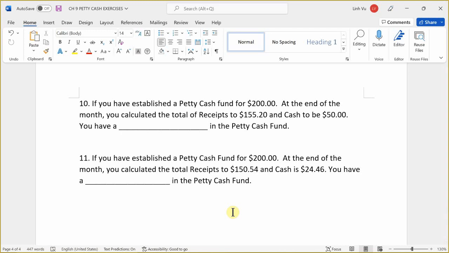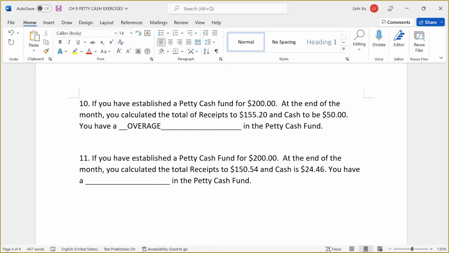You have an overage, right? Because $155.20 plus your $50 is going to give you $205.20 when you established your petty cash at $200. So you have too much money in your petty cash drawer.